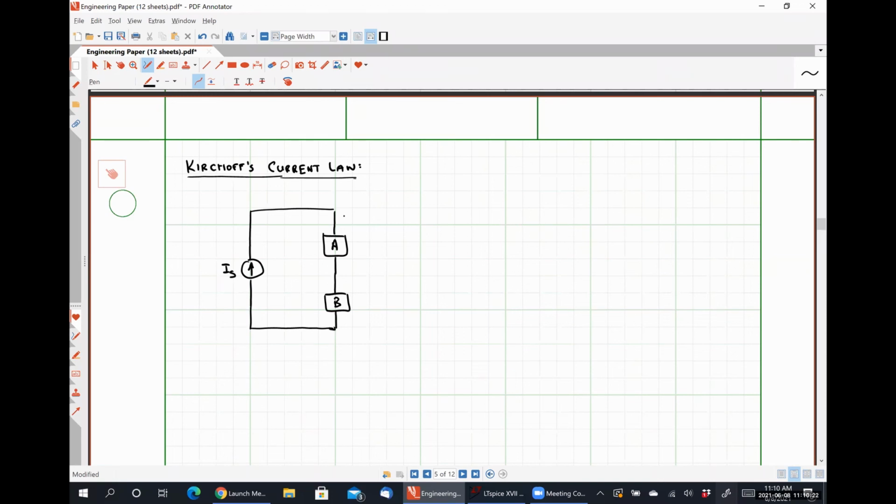I'm going to say that the amount of current that's flowing through element A, I'm going to call that current IA, and the amount of current that flows through element B, I'm going to say is IB.